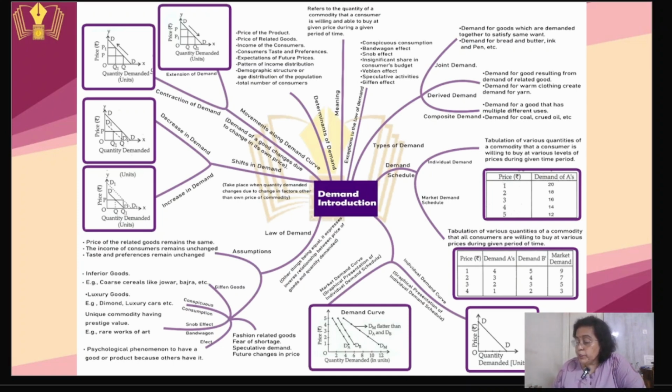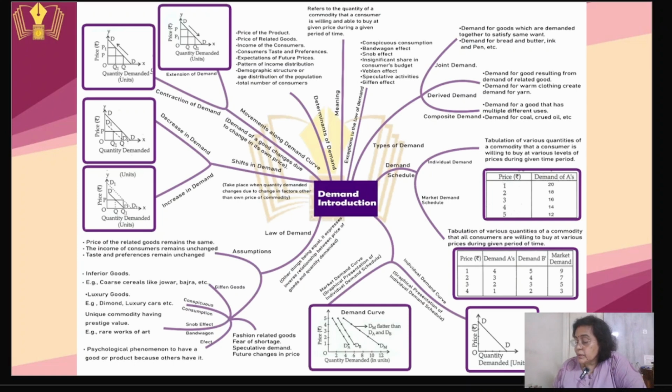You must be knowing all in detail. I'm just giving you the division. I'm just trying to tell you, these are the cases where the law of demand does not operate. Which are the factors where the law of demand does not operate? Then you have to write that in these cases, the law of demand does not operate.